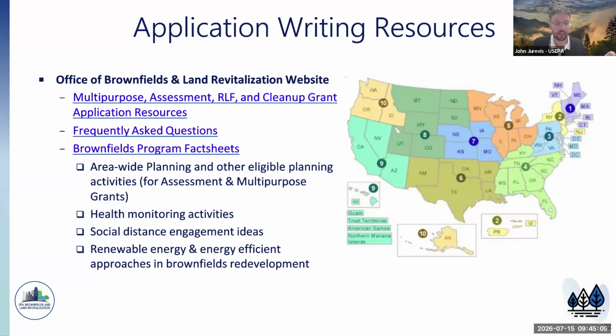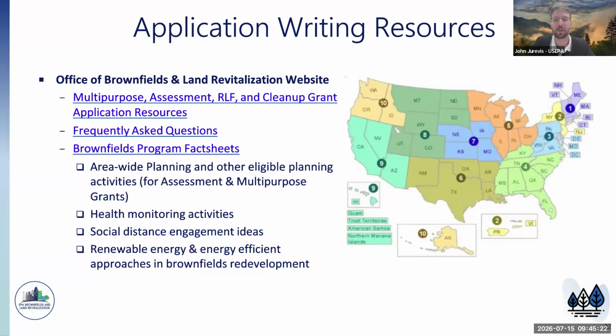And then the next link is the frequently asked questions. This document has tons and tons of questions, all things EPA Brownfields Grants, from working on your application to what types of activities are eligible.